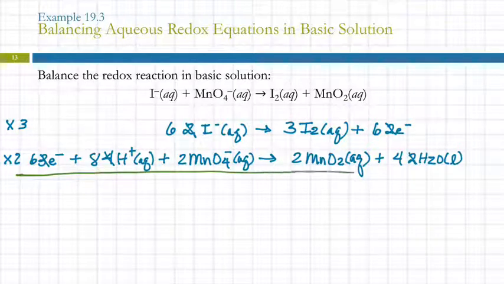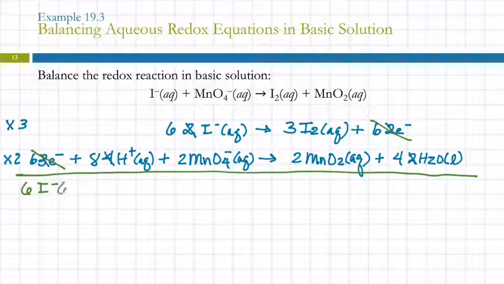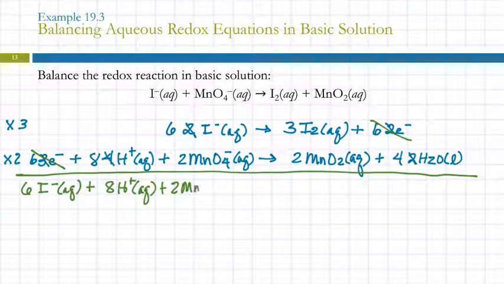So I'm going to add these together. The electrons cancel out. I'm going to copy down everything else. So I have 6 I minus aqueous, I have 8 hydrogen ions and 2 permanganate ions.